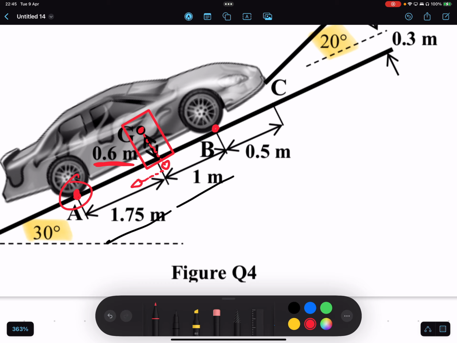Now, if this car was flush with the ground and we just considered this car as a block on the ground, like a point mass basically, then we wouldn't consider this distance. We would just consider the, in this case, vertical part of the weight. But because we have this distance, let's use that.